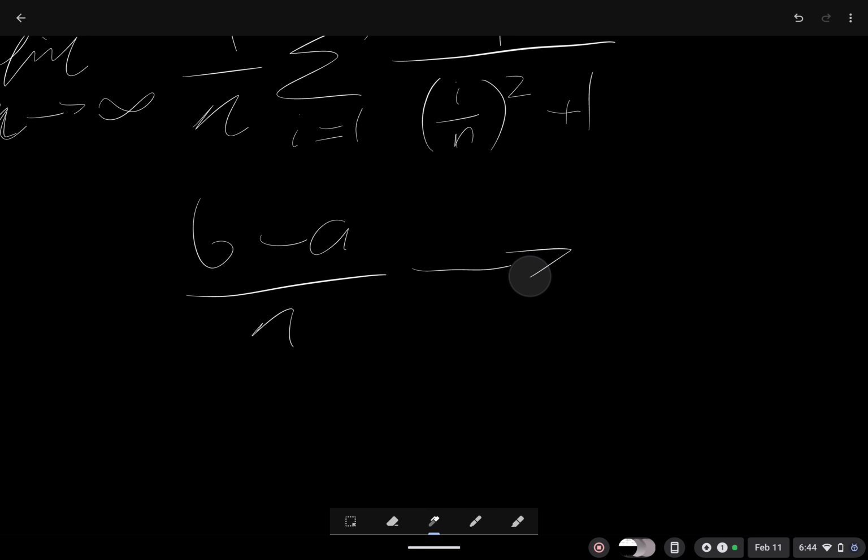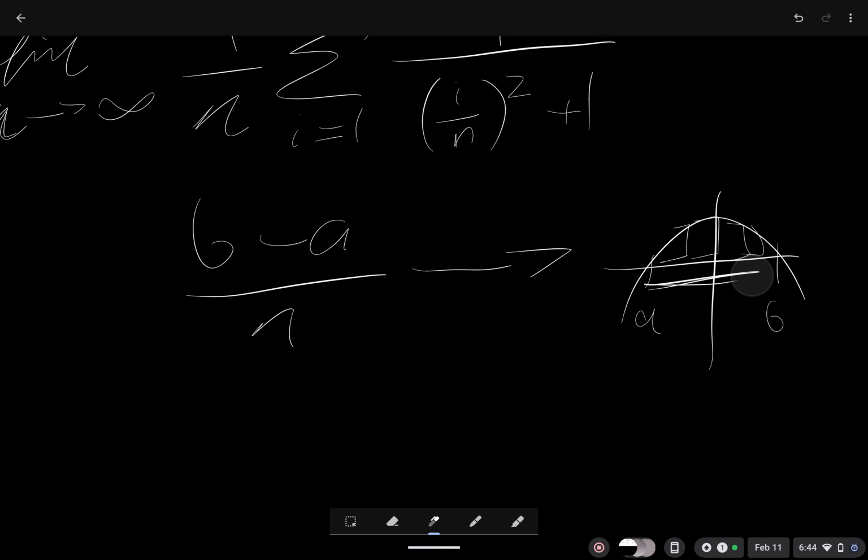Graphically this makes sense, because let's think back to our graph. Say we have a given function confined from a to b, and n represents the number of rectangles we have. The b minus a represents the distance between these two points, and the n represents the number of rectangles, which in this case is again approaching infinity.